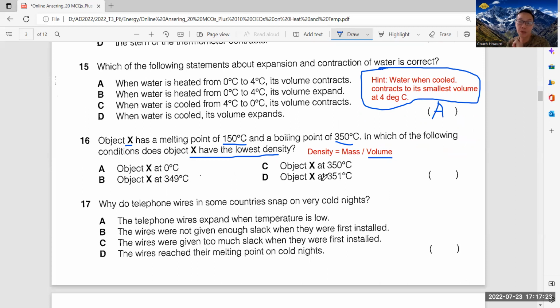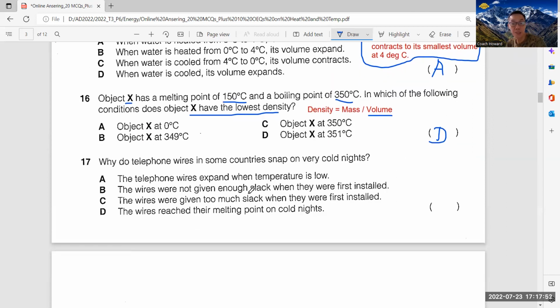Definitely when you change it to a gas. Because 350 and 351 differ by 1 degree, but at 350 it is some gas, some liquid, but at 351 it becomes all gas. So the answer is D, because above the boiling point, all of this object X would be vaporized, turned into a gas.